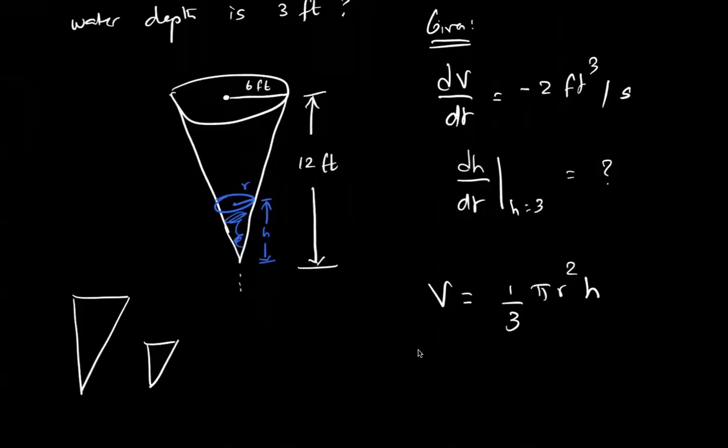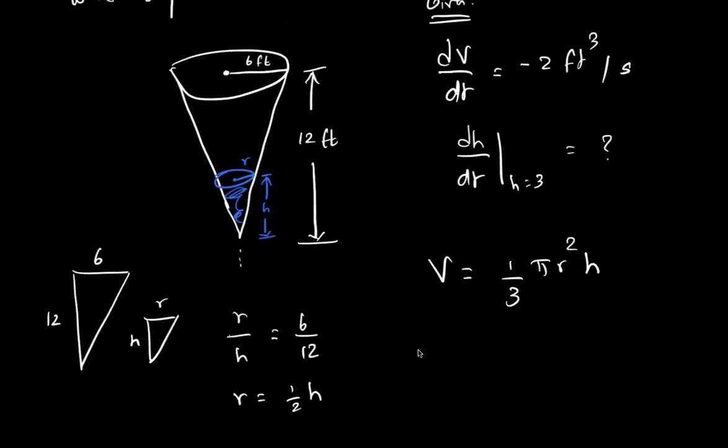This cone is 12 feet height and 6 feet radius, always fixed. And this is the R and the H of the water level. So which means R and H are changing at the rate of 6 over 12. Or rather, R is 1/2 H. So this is the relationship between R and H.